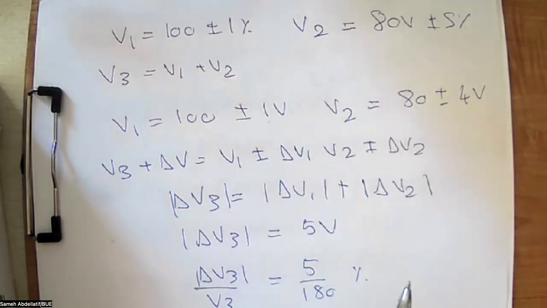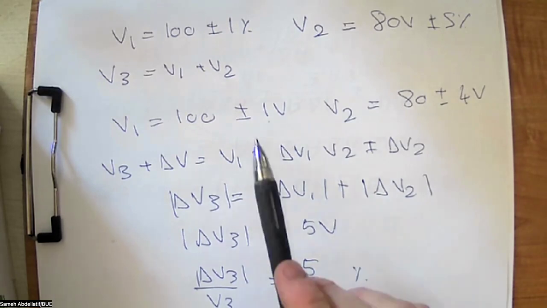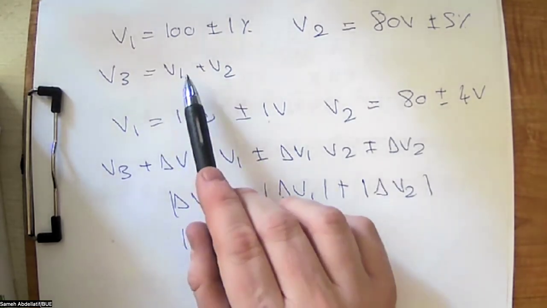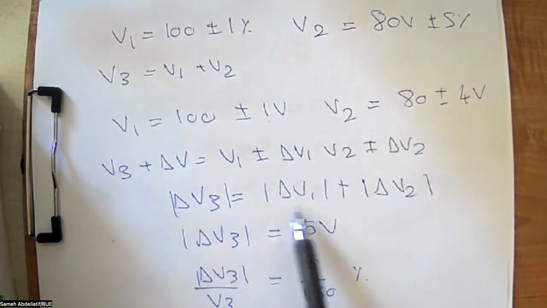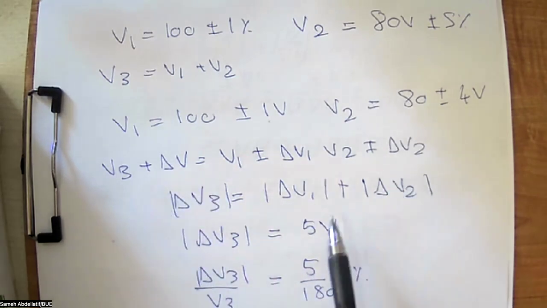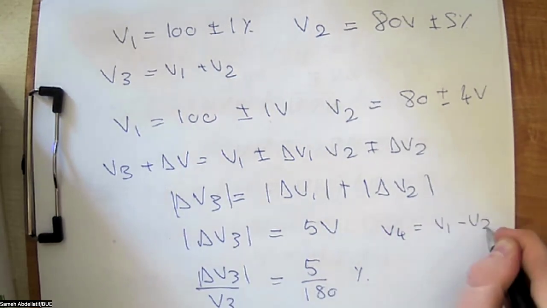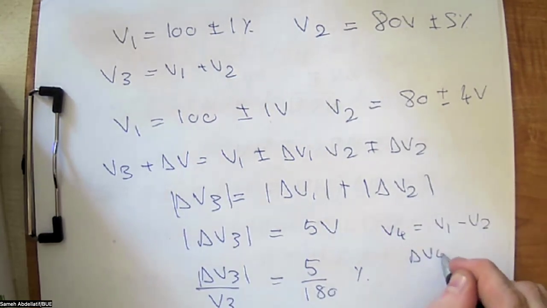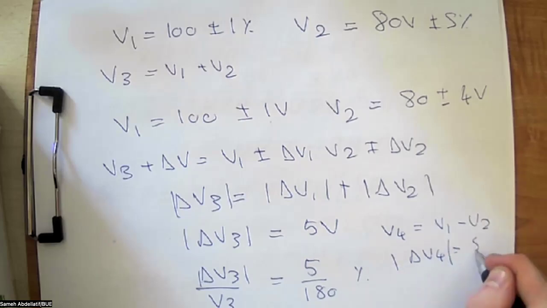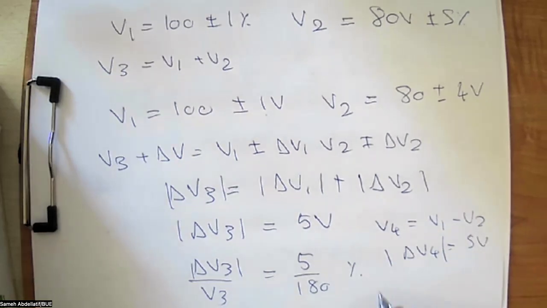If you repeat the same process, but with a subtraction instead of addition, what will differ is that you use a minus for the values, but for the errors you still use a plus. So the output will still be 5 volts. If V4 equals V1 minus V2, delta V4 is still 5 volts as an absolute. However, as a relative error, delta V4 over V4 will be 5 over 20.